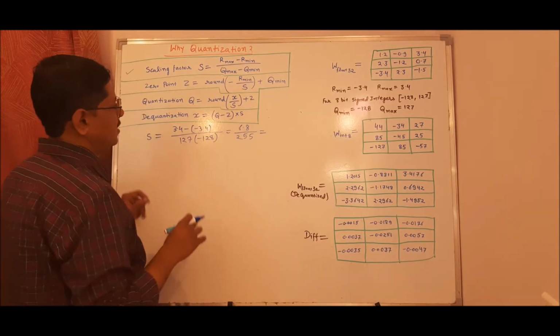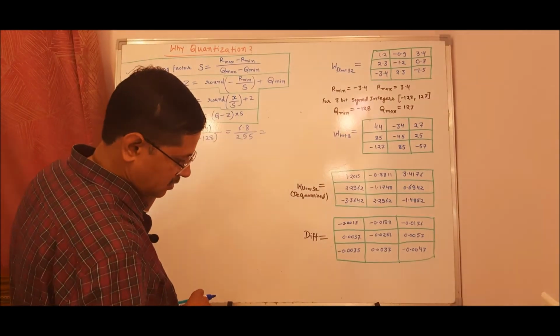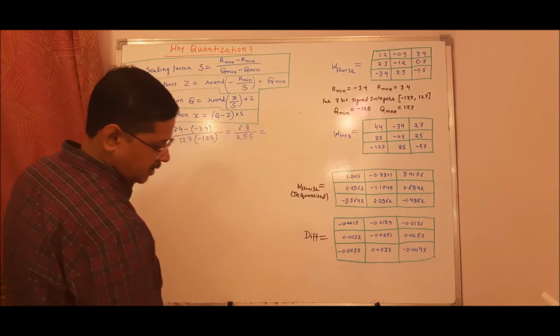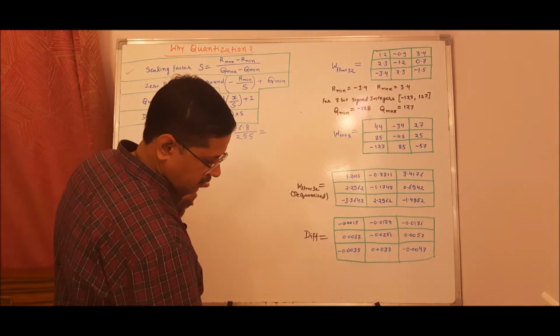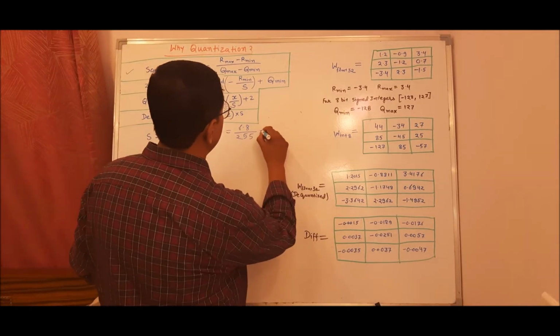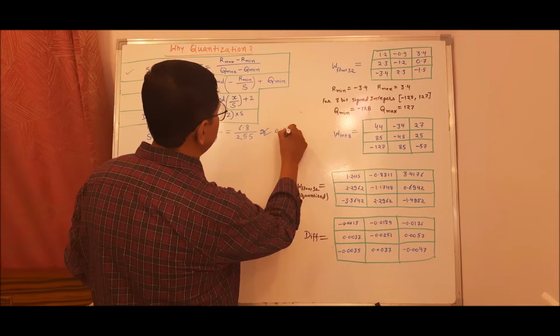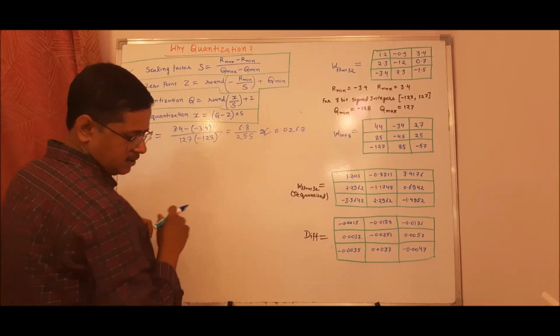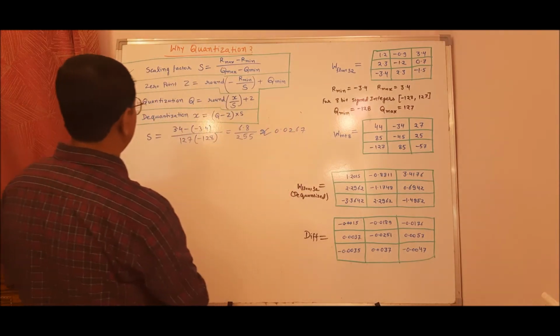If you take the division, I got the result 0.0267. Okay, so it is near to 0.0267. Just to check it, this is the value.